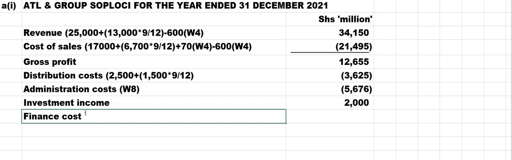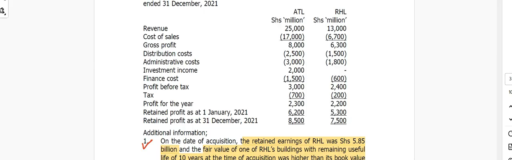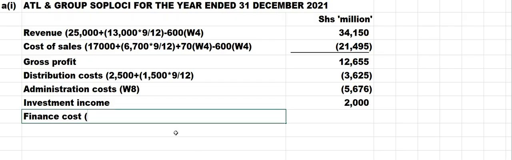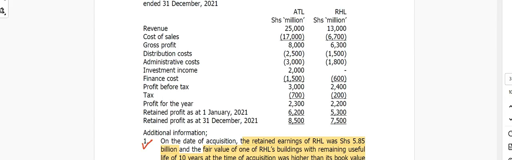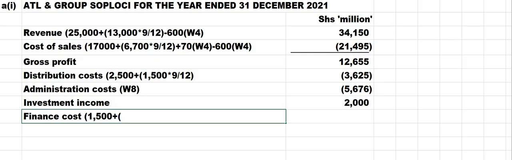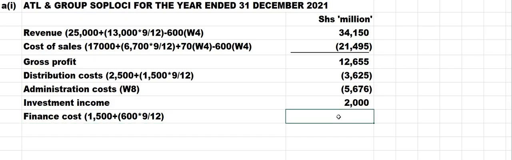The parent is 1500, plus the subsidiary 600. By 600 we have to time apportion it, so that is times 9 out of 12.